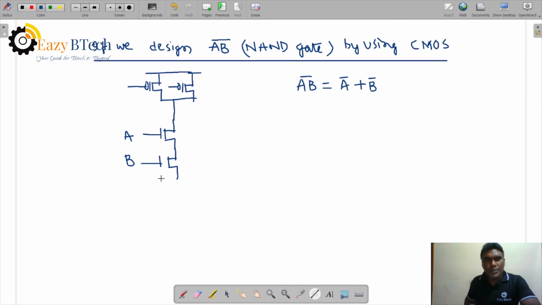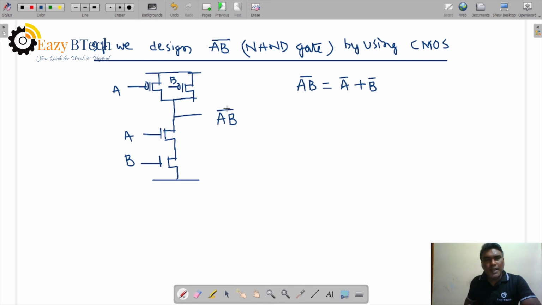By using two types of transistors, NMOS and PMOS. So this is A and B. A and B are in series, then the complemented logic output is AB complement. It is a NAND gate. So there are pull-up transistors and pull-down transistors: PMOS is the pull-up and NMOS is the pull-down transistor. A and B are in series, PMOS are in parallel.